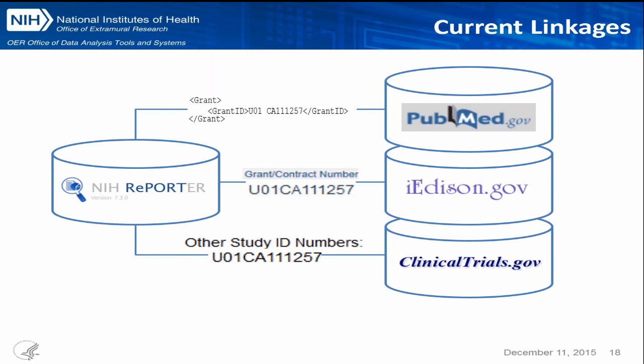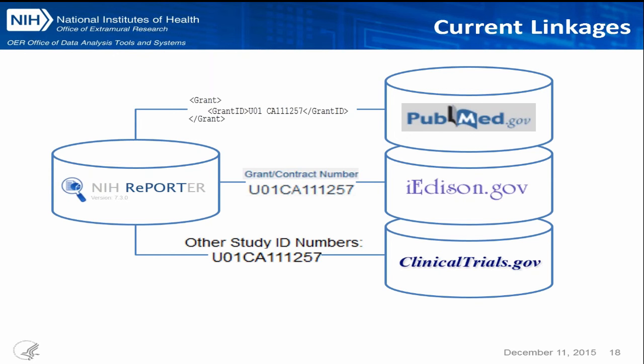All of that information goes into PubMed, and we're able to link it to grants based on matching the grant number. What we call this is a direct citation of a grant in a publication. So we're looking for an exact match.